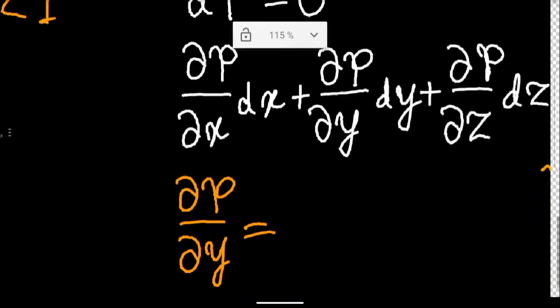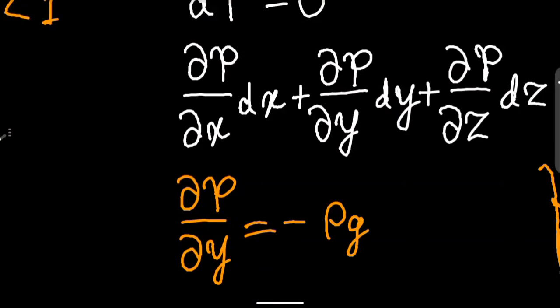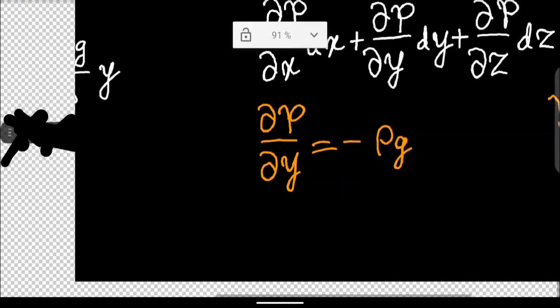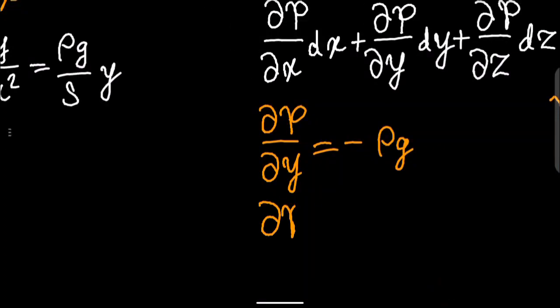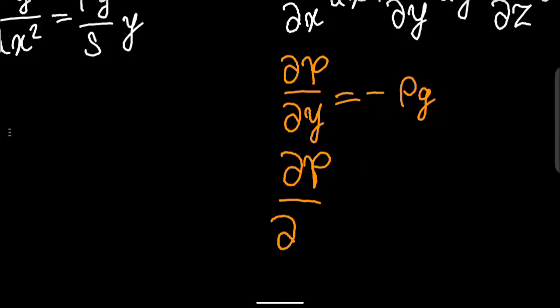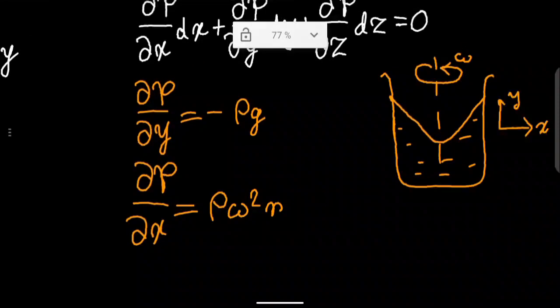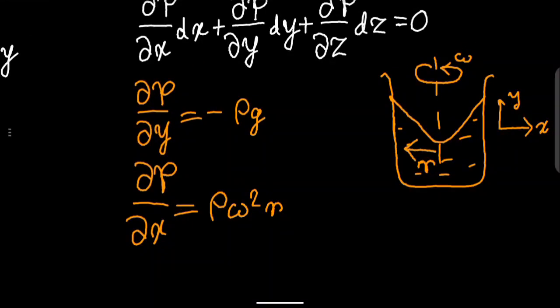Del p/del y will be minus rho g, like the previous problem, as there is no other component except the pressure in the y direction. And for this omega, you will get del p/del x equal to rho omega square r. Omega square r is your centripetal acceleration, and r is nothing but this.